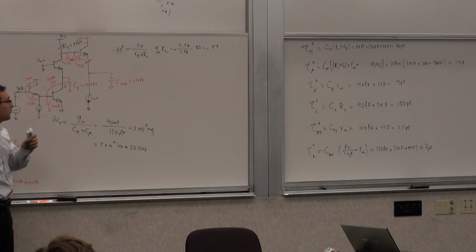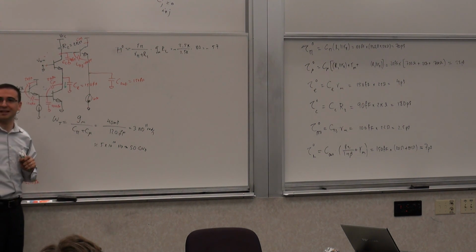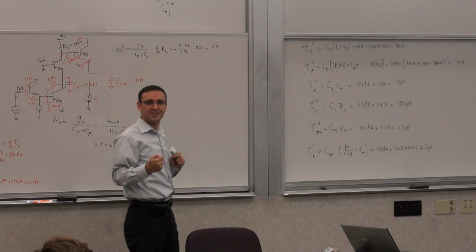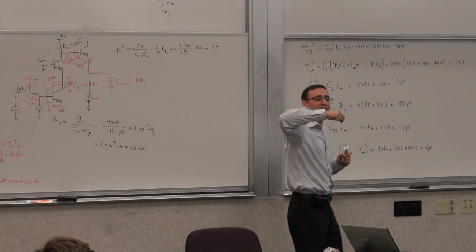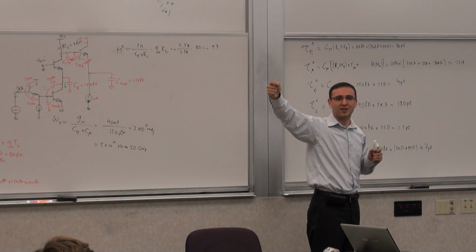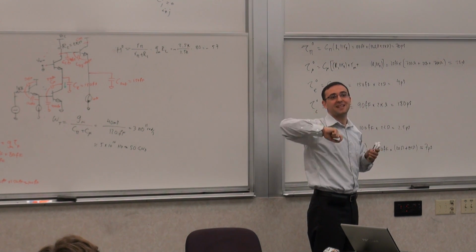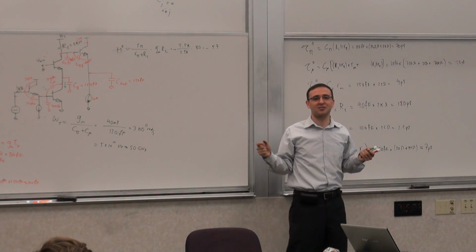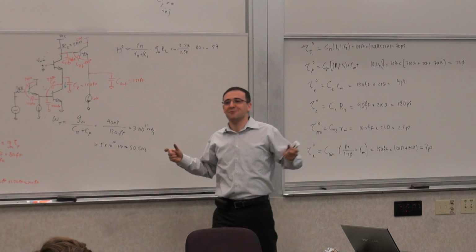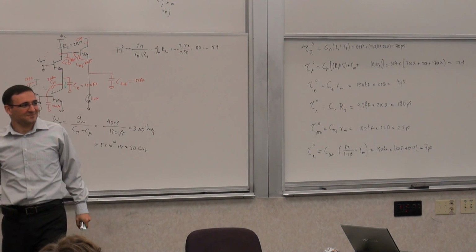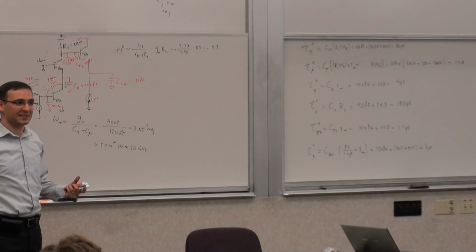In fact, you can do 3 stages and do the cubic root of 80 in each stage. You get some additional improvement, though it's not as much as the first time. And if you take this exercise, it's an interesting one: what is the optimal gain per stage? There must be an optimal number, right? Because it can't be 1.